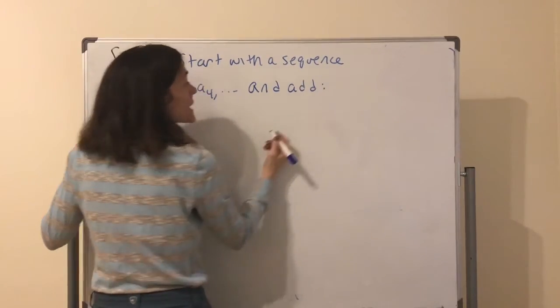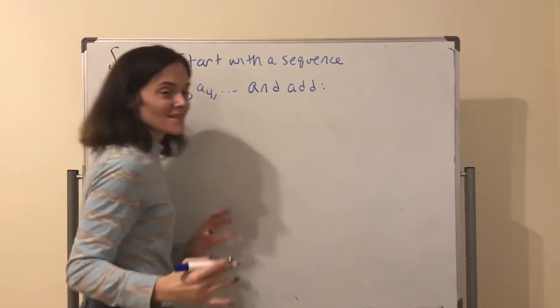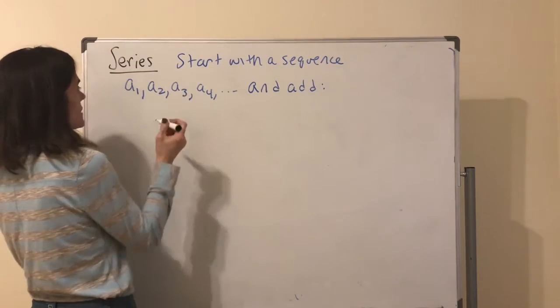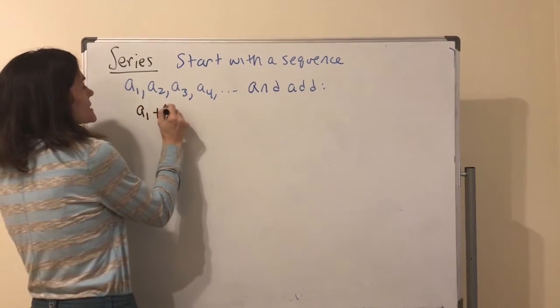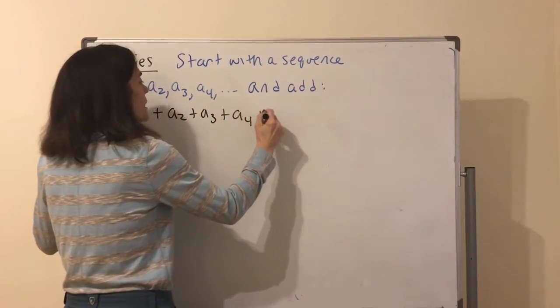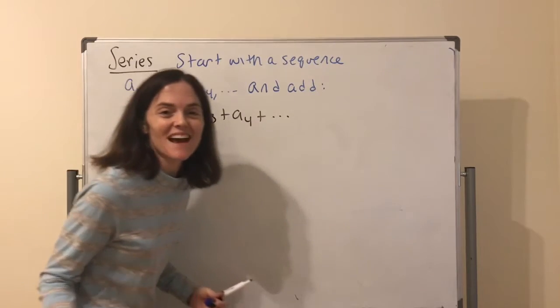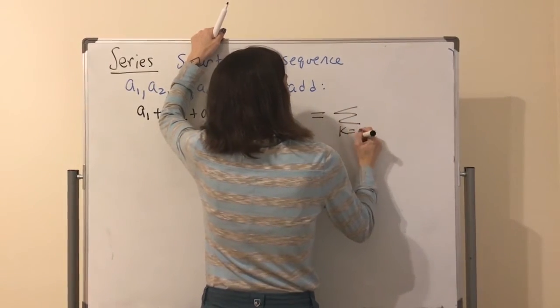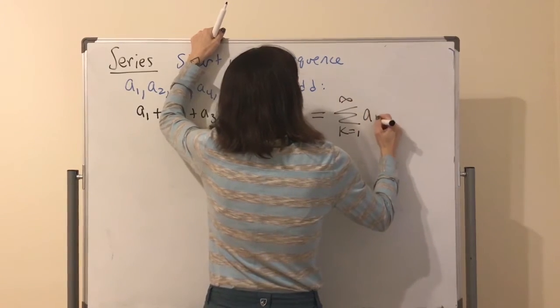So what would this be? Well, you can either just write out the terms, which would be a1 plus a2 plus a3 plus a4 plus, okay? Or we can write it in summation notation as a sum, k equals 1 to infinity of ak.